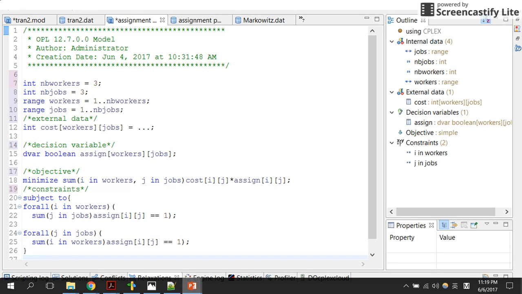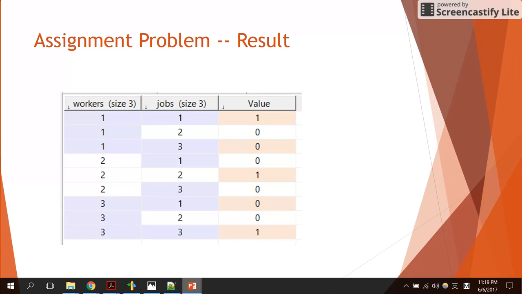The cost data we get from external, and then write down the objective and constraints. After running the configuration, we got the result: assign worker 1 to job 1, worker 2 to job 2, worker 3 to job 3. This combination gives the optimal result.